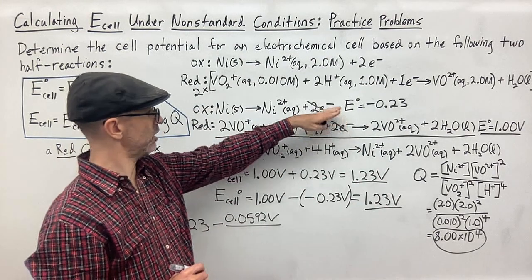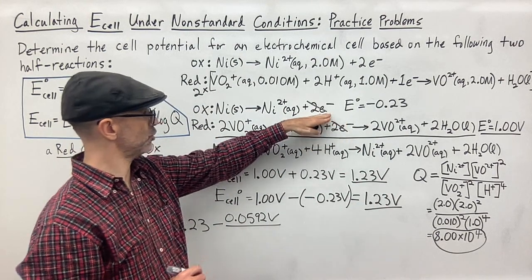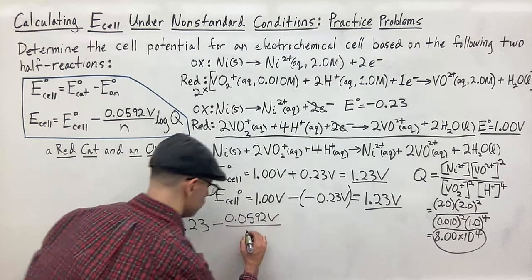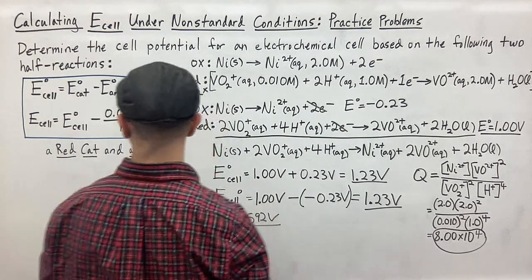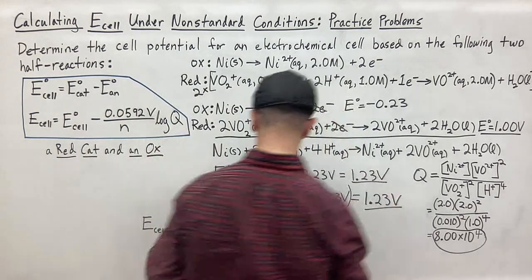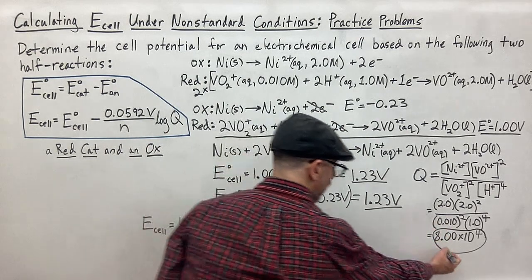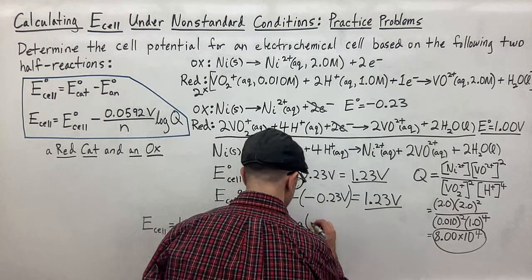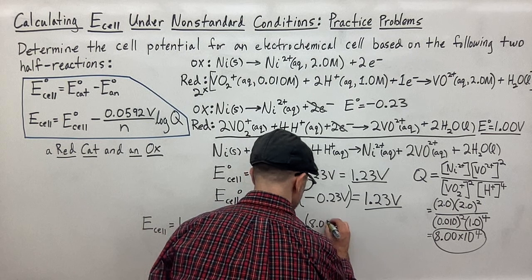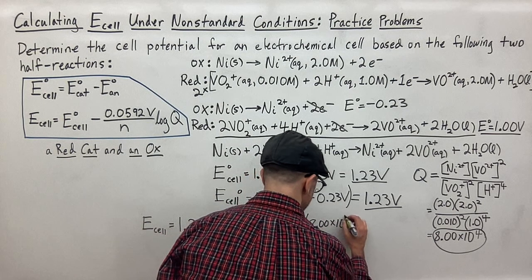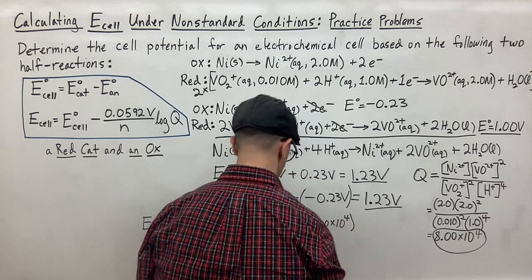Here the number of electrons being transferred is 2, so that's going to be a 2 down here. And that's multiplied by the log of Q. And Q we calculated as 8.00 times 10 to the 4, 80,000.